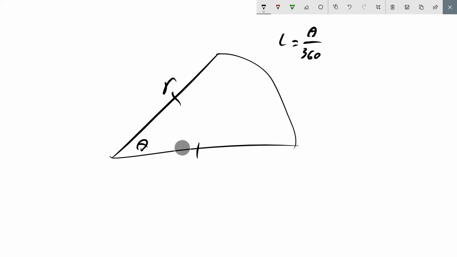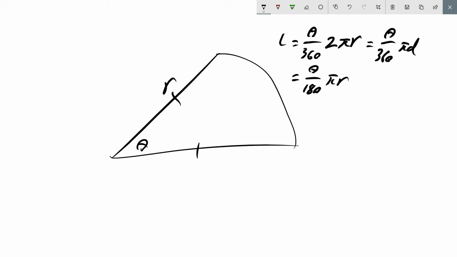So we're working out the fraction of how much circle we have times what our circumference would be. Now we can simplify this down if we wanted to say this is theta over 180, and we take out the 2, and then we can put pi r. Or we could say that this is equal to theta over 360 pi diameter, and we can't simplify that anymore.